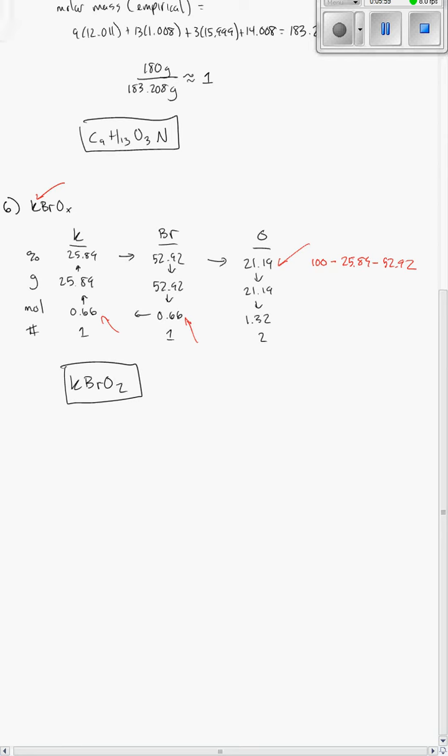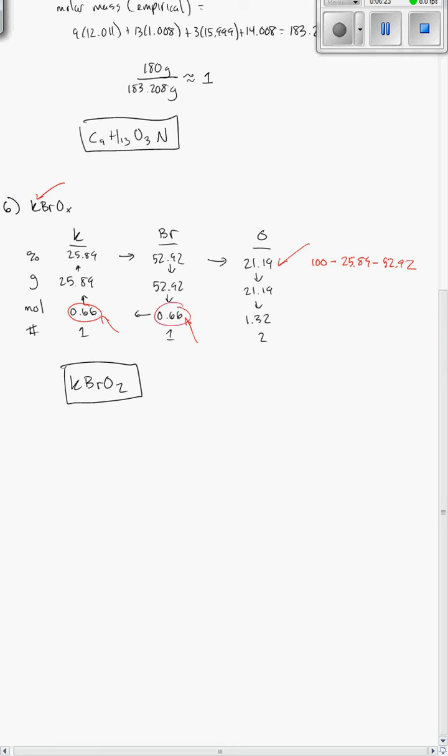From there, we have the percent by masses of our three elements in our compound. And we've solved problems like this before, where you're starting with percent by mass and you want to figure out the empirical formula for the compound. You assume you have 100 grams, you use that to get the grams of each element, you go from grams to moles, and then you figure out which number of moles is the smallest.